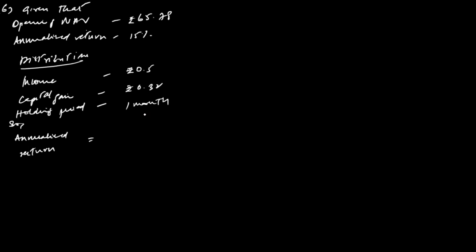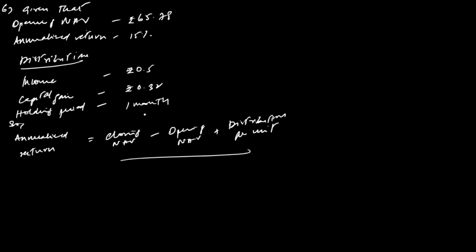So annualized return is closing NAV minus opening NAV plus distributions per unit divided by opening NAV into 12 by holding period.